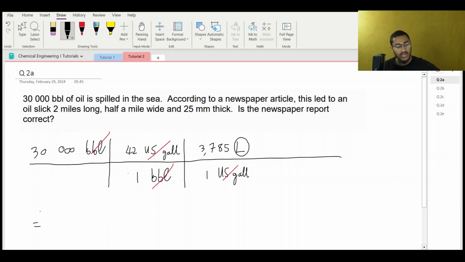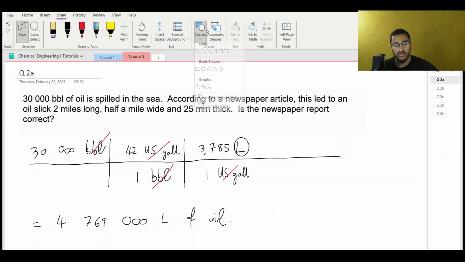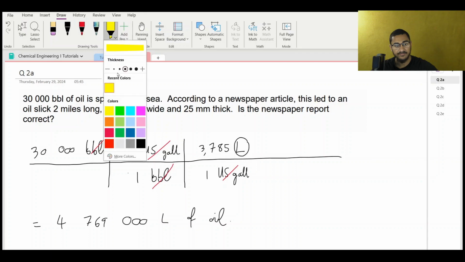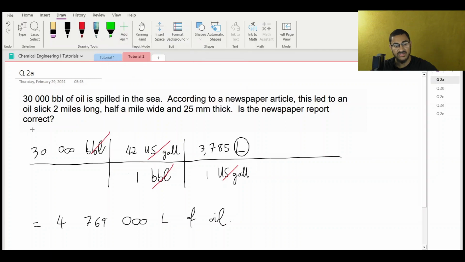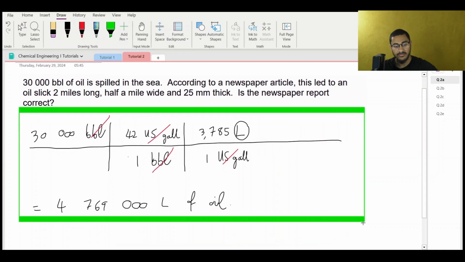And so if you put this into your calculator, you should get 4,769,000 liters of oil that was actually spilled. And so because this is my actual amount of oil spilled, I'm just going to take out my highlighter and draw a box around this.